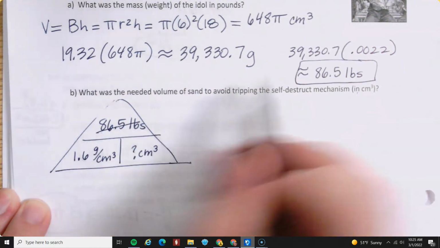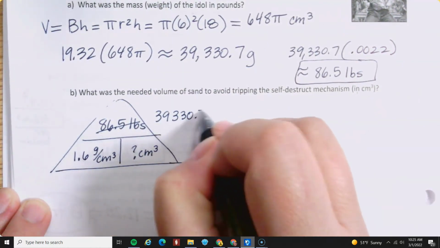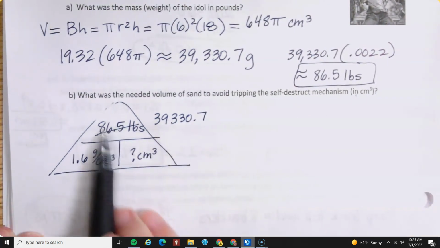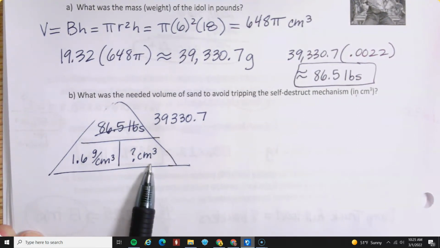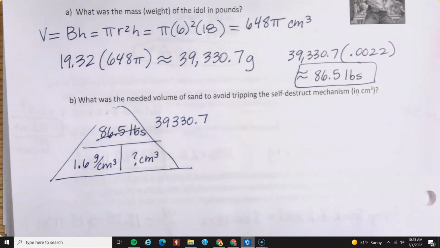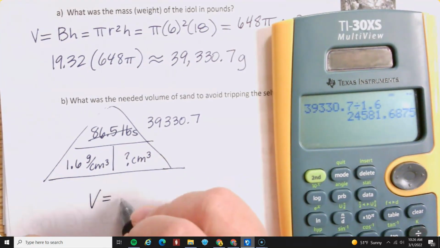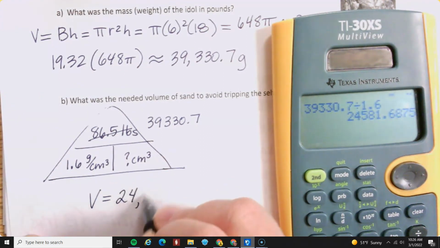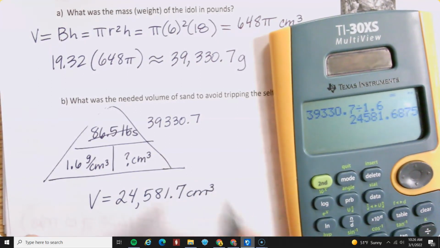We really need to think back in terms of grams here. So let's put this in terms of grams on top. This number over this number will tell us the cubic centimeters. So 39,330.7 divided by 1.6. So the volume of sand needed was 24581.7 cubic centimeters.